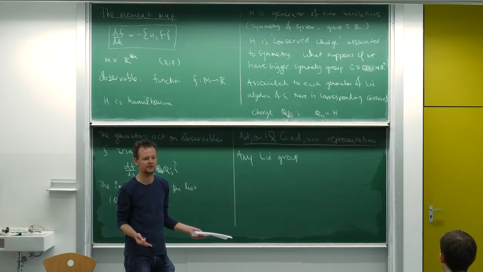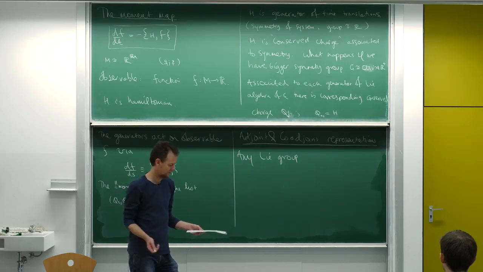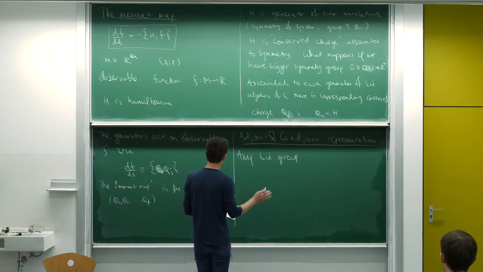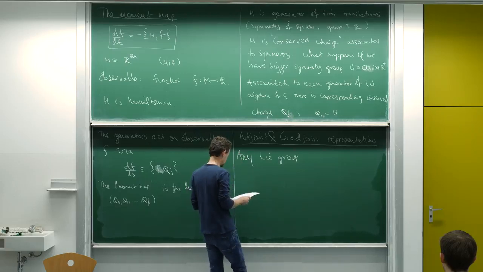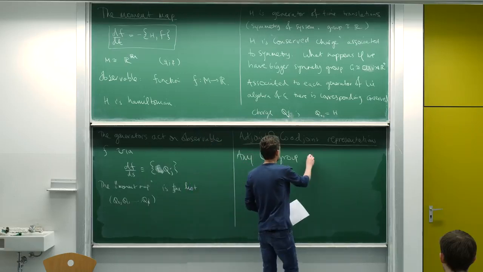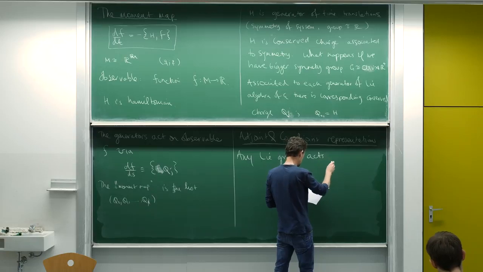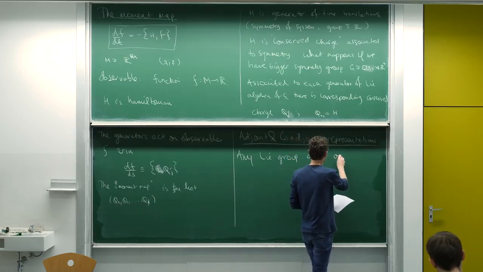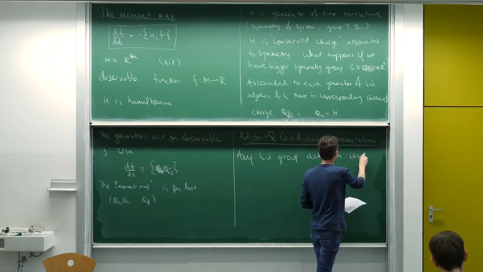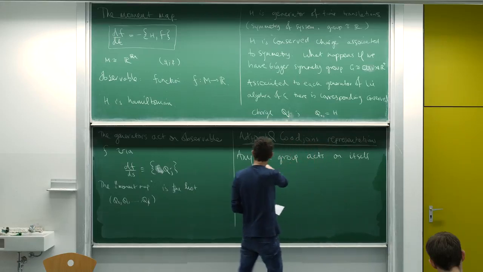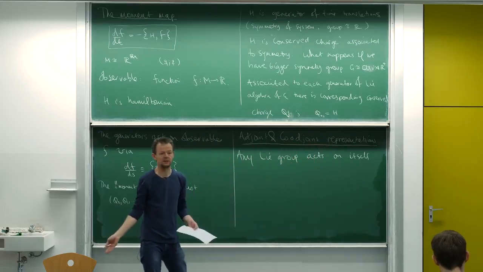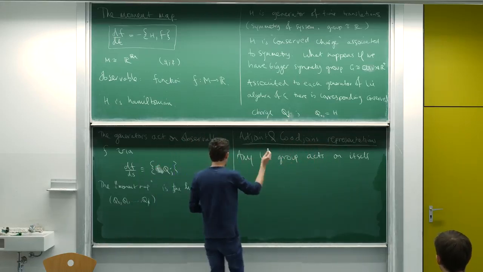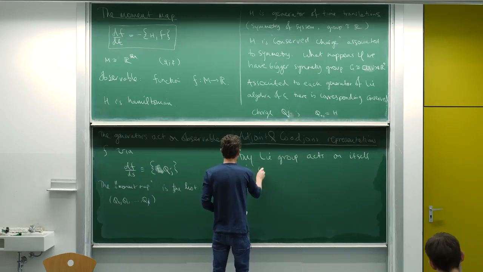So you can find a canonical action of a Lie group on itself from the left and from the right. Well, it turns out there's a third action, which is basically both of them, which is also canonical in some way. So the Lie group acts on itself by left multiplication, by right multiplication, but also via conjugation.